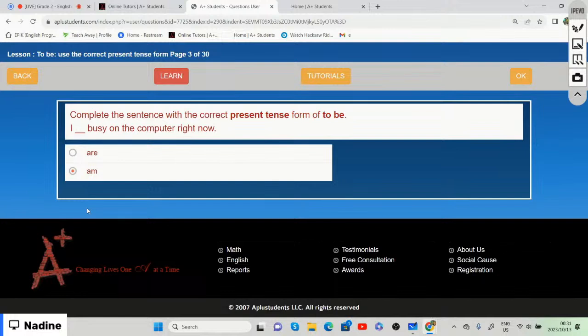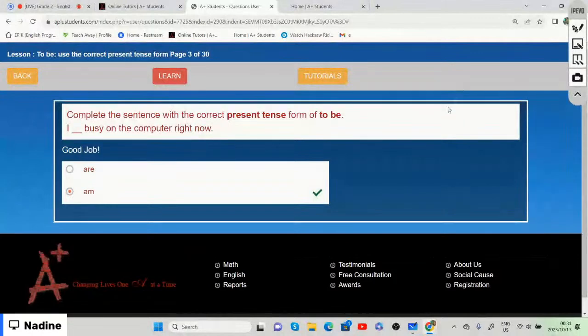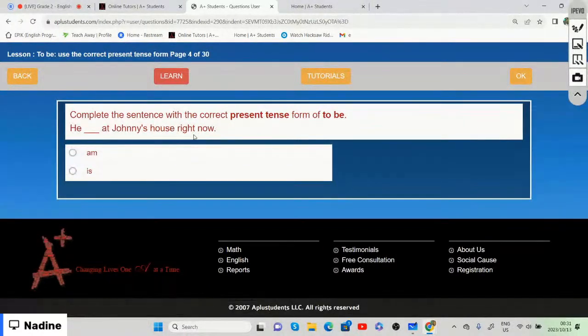So I am, because we said that when we use the word I, then we say I am. And then the next one is he.